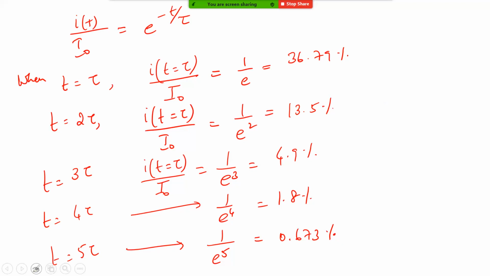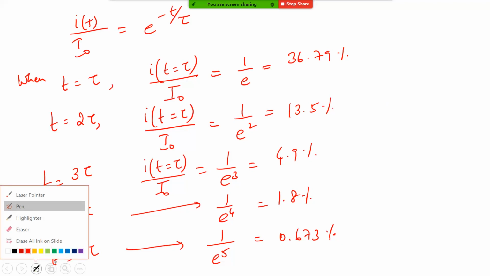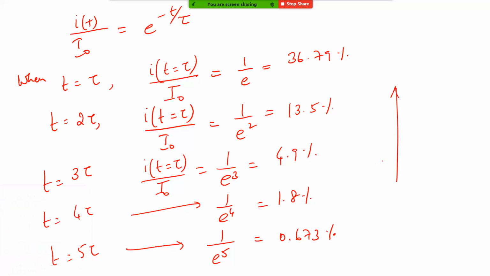Now, what are we basically saying here? If we redraw this, let's say this is tau, this is 2 tau, 3 tau, 4 tau, and 5 tau. This is the time.